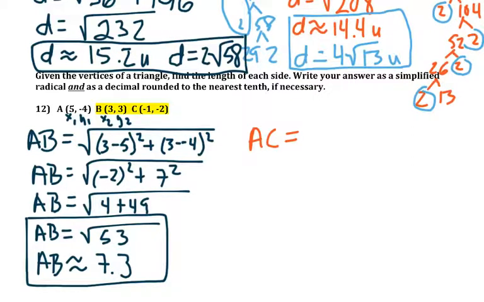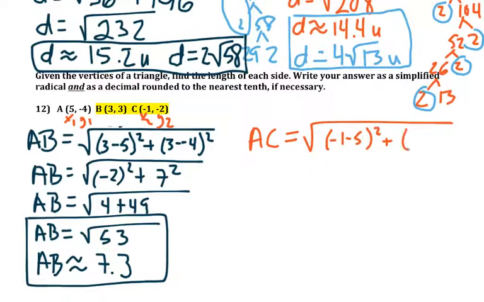Now let's do AC. So AC, we're going to go ahead and label, we got x sub 1, y sub 1 in A, and then we'll do x sub 2 and y sub 2 in C. So we have the square root of negative 1 minus 5 squared plus negative 2 minus negative 4 squared.